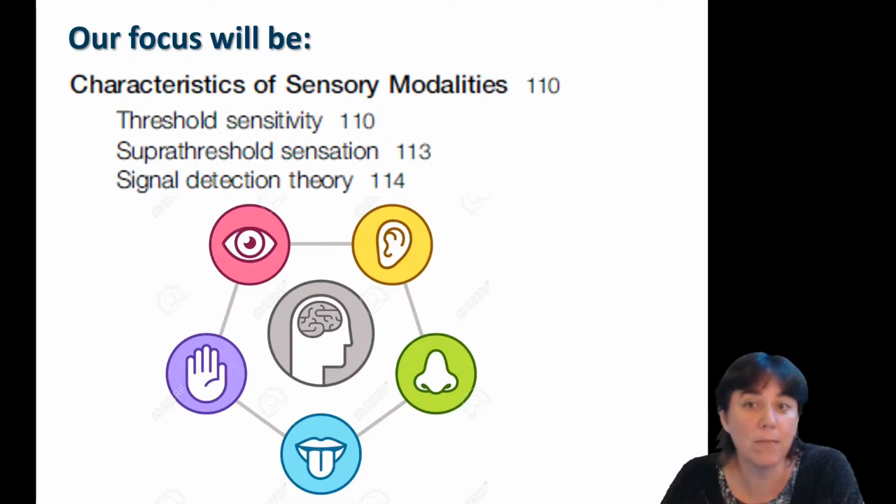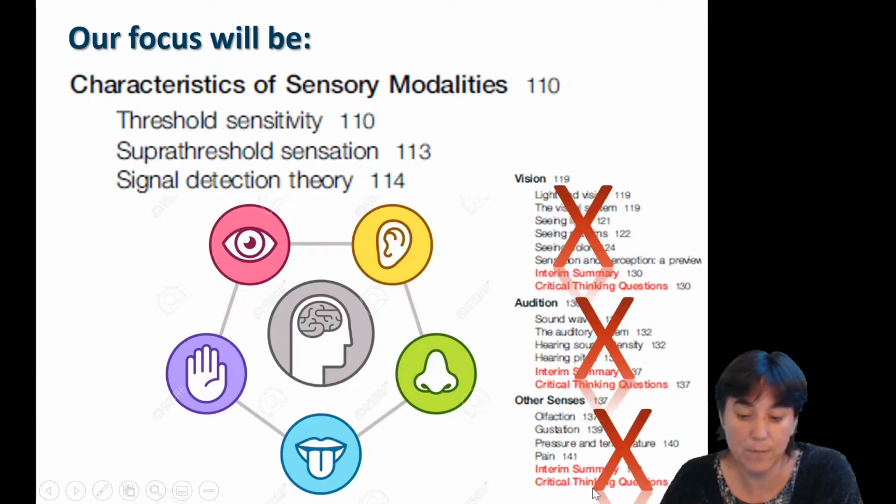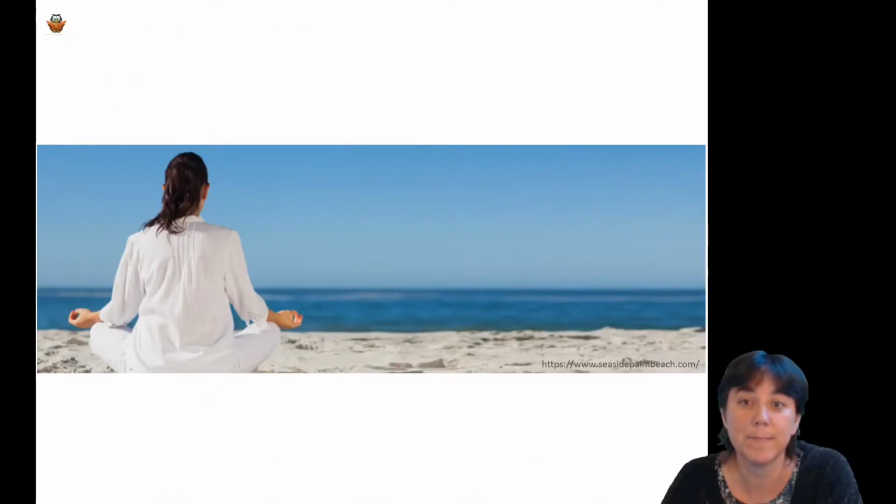So we will talk about threshold sensitivity, the threshold sensation, and the signal detection theory. And later chapter parts will not be discussed in this lecture. Okay, so we will not cover all the details of vision, audition, and other senses.